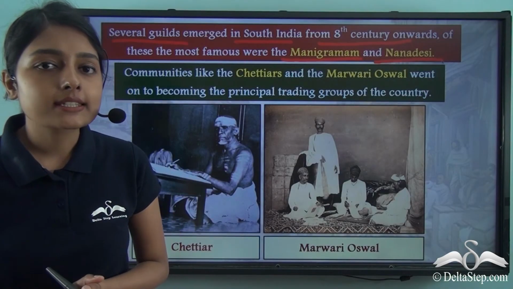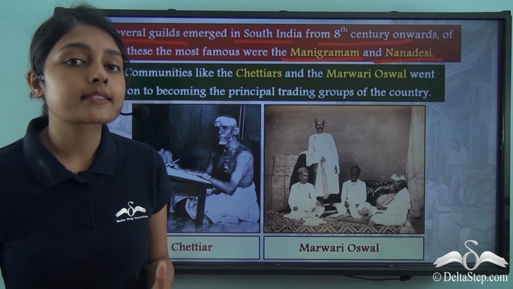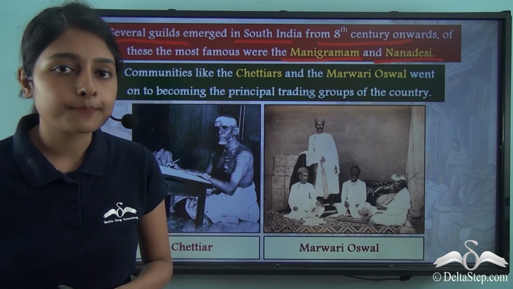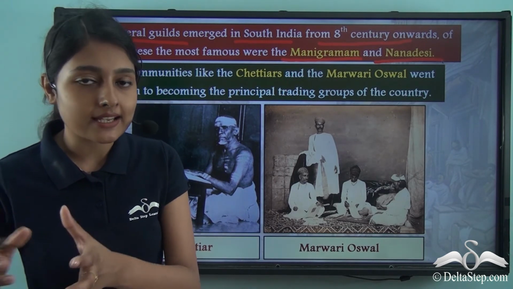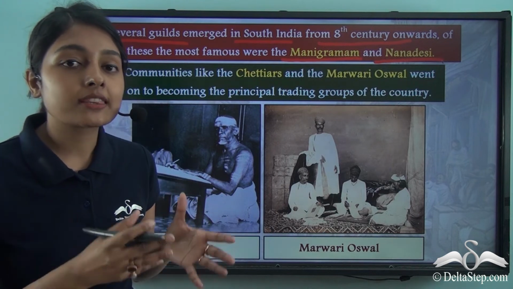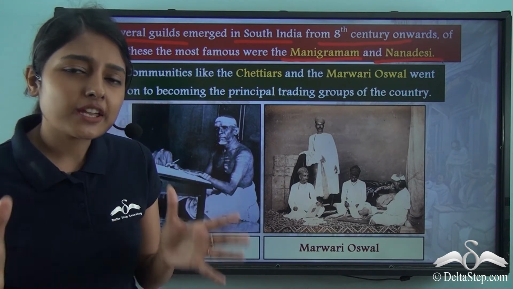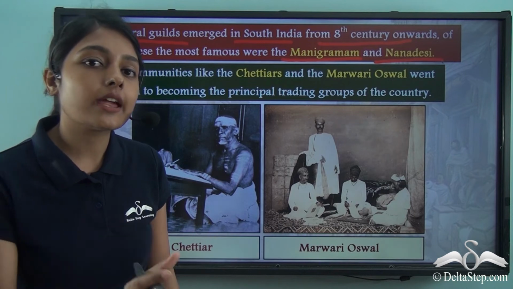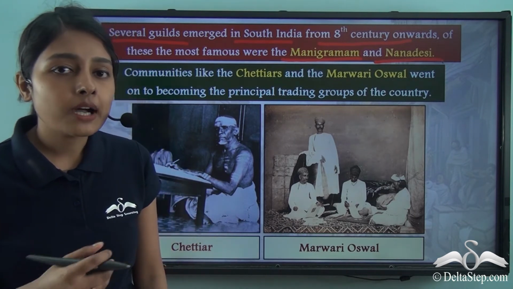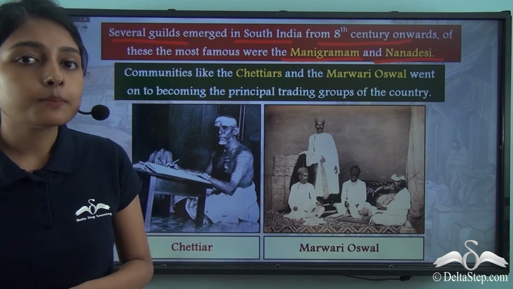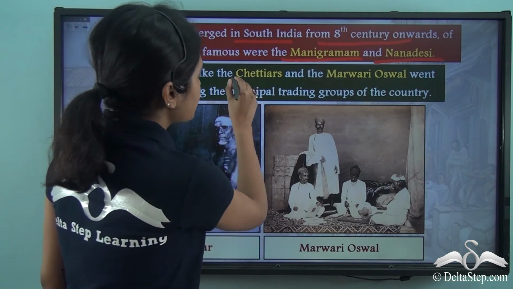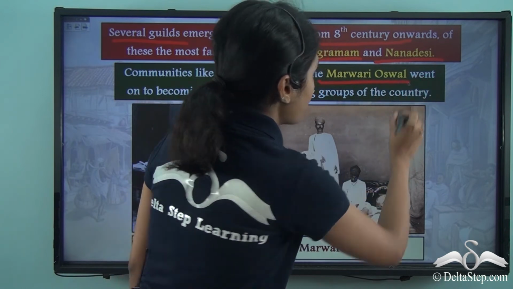Now along with that, various communities as a whole also started trading. Now there might have been one community that traded textiles, one community that traded rubber. So various kinds of communities traded their own products. And among the various trading communities that emerged around this time, the most famous were the Chettiars and the Marwari Oswal.